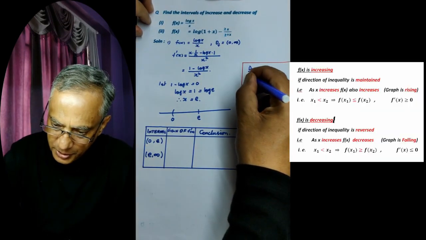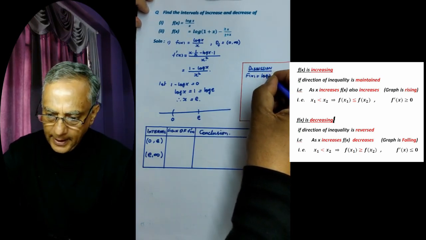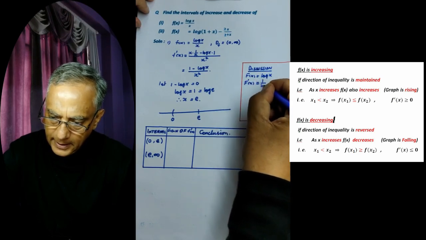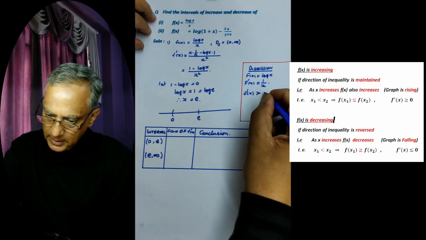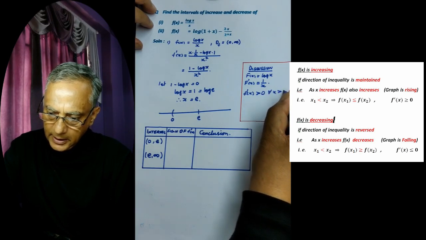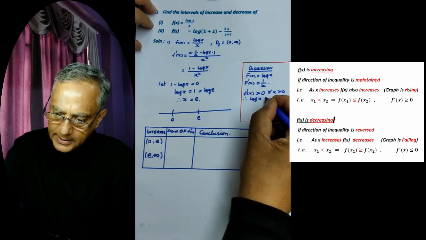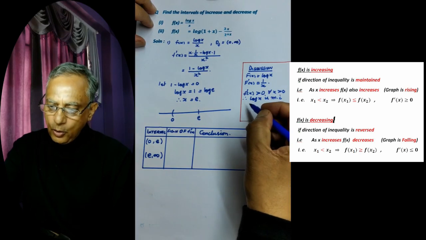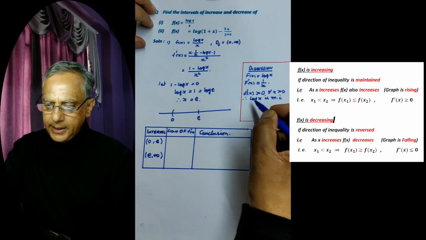Now if we have the function f(x) equal to log of x, then f'(x) is 1 by x, and therefore f'(x) is greater than 0 for all x greater than 0. Therefore log of x is a monotonically increasing function. As x increases, its values will go on increasing.